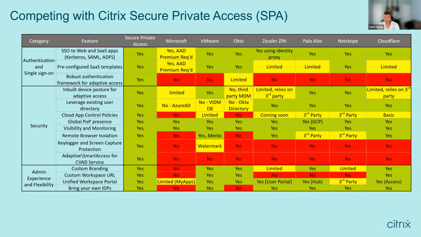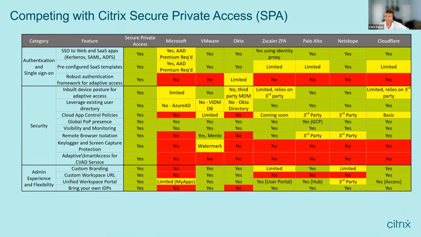Some of the big pieces here: remote browser isolation. Not everybody has that. Some do with a third-party integration, which just sounds like problems when I see third-party popping up there. Keylogger and screen capture protection, that's very unique. Nobody else has that.